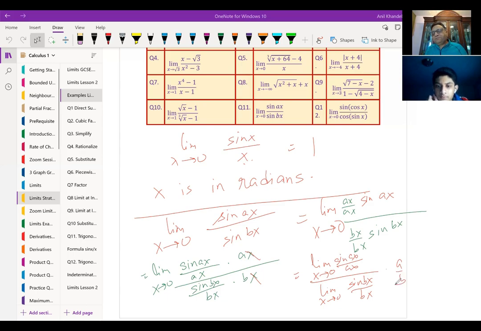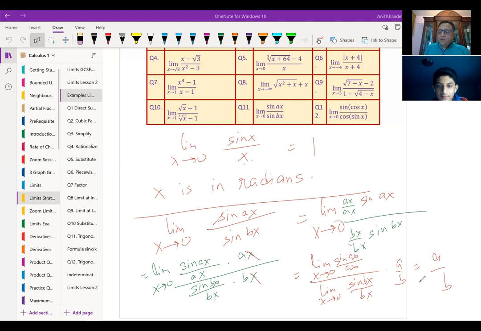Both the limits, sine ax over ax and sine bx over bx, when x approaches 0, are 1. And therefore the answer is a over b for this particular question. Does that make sense to you? Yes, sir. Makes sense.